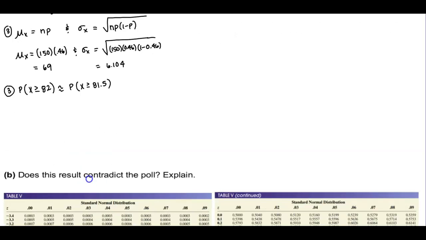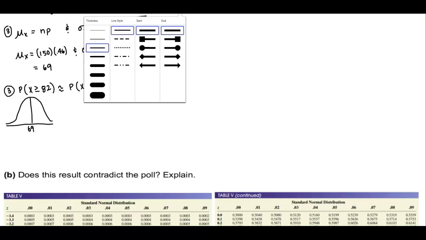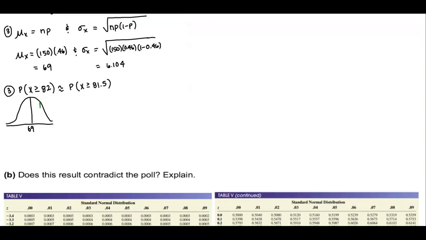If we create our bell curve, we know that our mean is 69, and we want to find the area greater than 81.5.